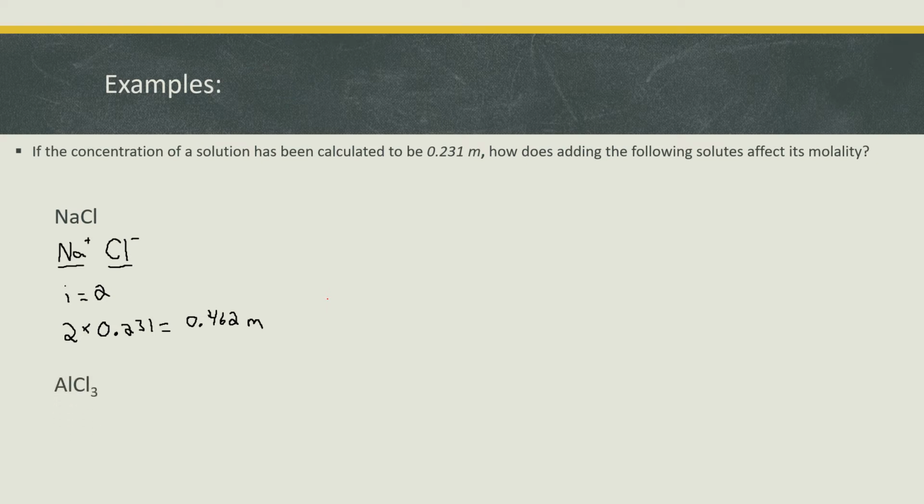We have aluminum chloride. First things first, we have to determine: is it ionic or is it a covalent compound? Again, you have aluminum, which is a metal, and chlorine, which is a nonmetal. So I'm going to break it apart. I have Al, which remember is plus 3, and I have 3 chlorines, so 3 Cl minuses.